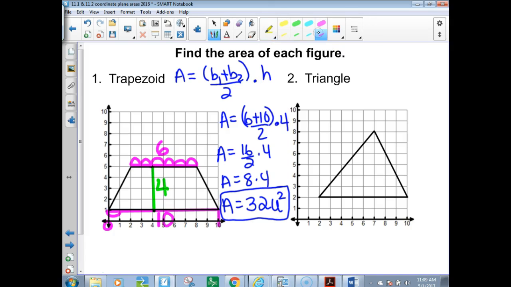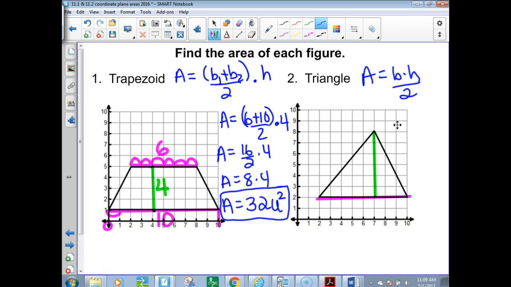The second figure is a triangle. The base is down here at the bottom. And the height we would count from the topmost point vertically straight down to the base. The area formula for the triangle is base times height divided by 2.